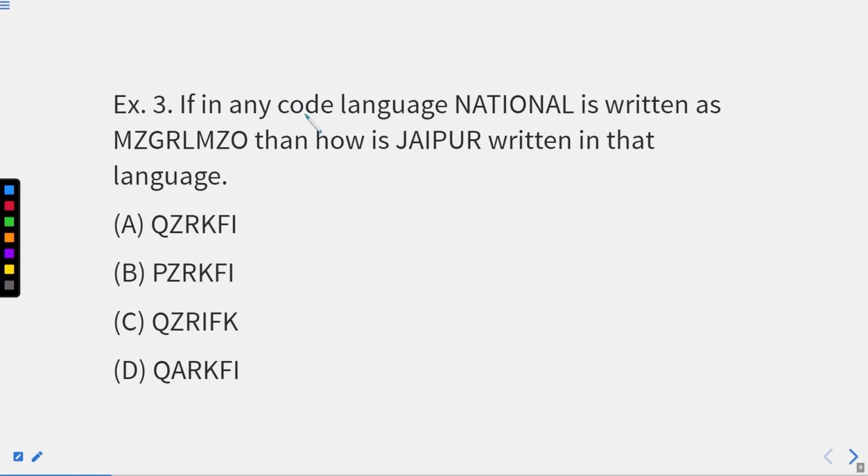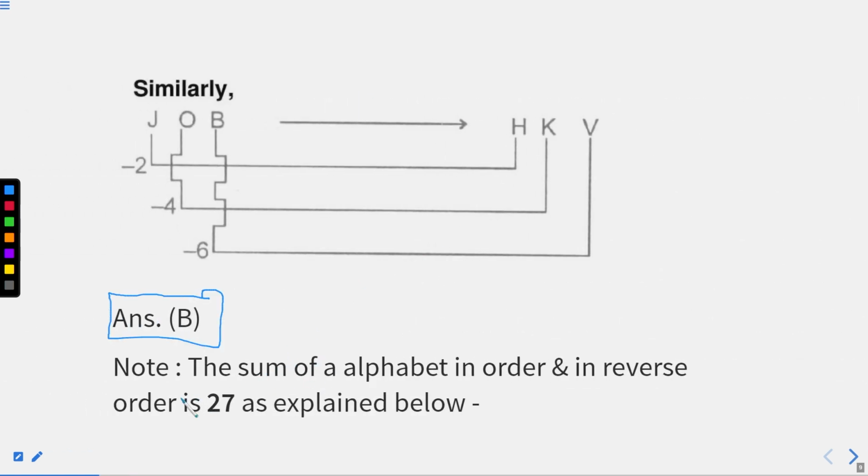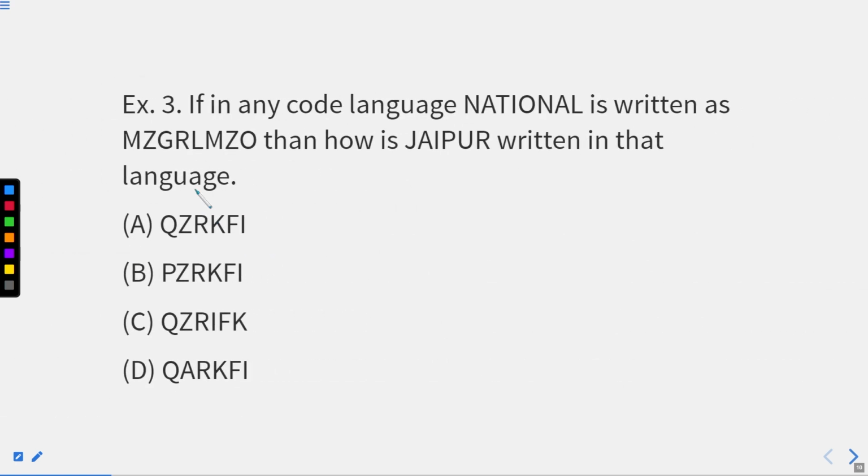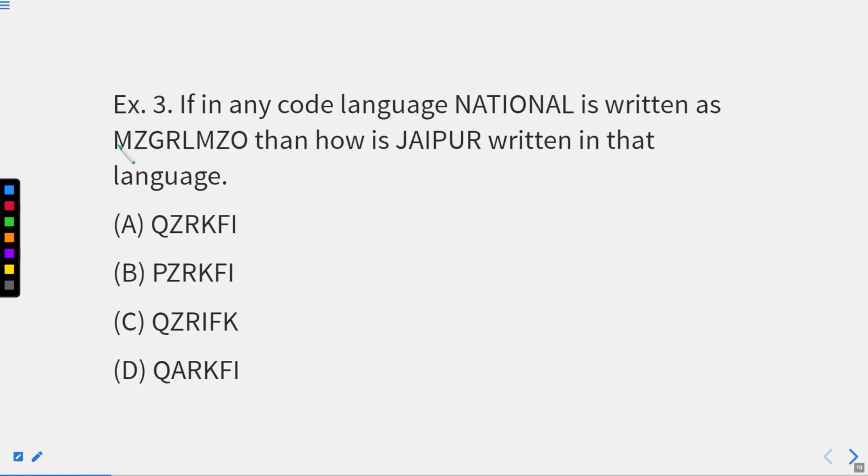We have already read this part, that the sum of the reversal part is 27. So we are going to use the same concept. For N and M, we know that N has a place value of 14 and M has a place value of 13. So M plus N is equal to 13 plus 14, which is 27. This is what we read earlier, right?